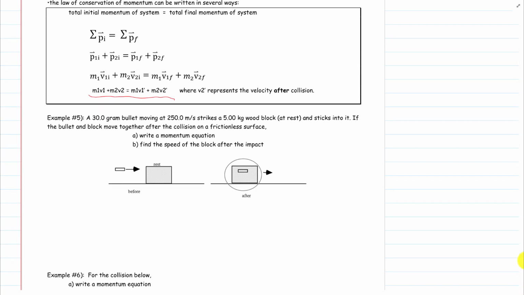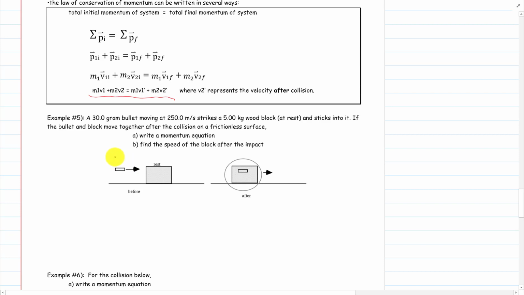Well, maybe 30. A 30-gram bullet moving at 250 meters per second strikes a 5-kilogram block of wood at rest. So this block of wood is at rest and the bullet sticks in it, so it stays stuck in it. If the bullet and the block move off together after the collision on a frictionless surface, it's just going to slide. Let's write down the momentum equation.